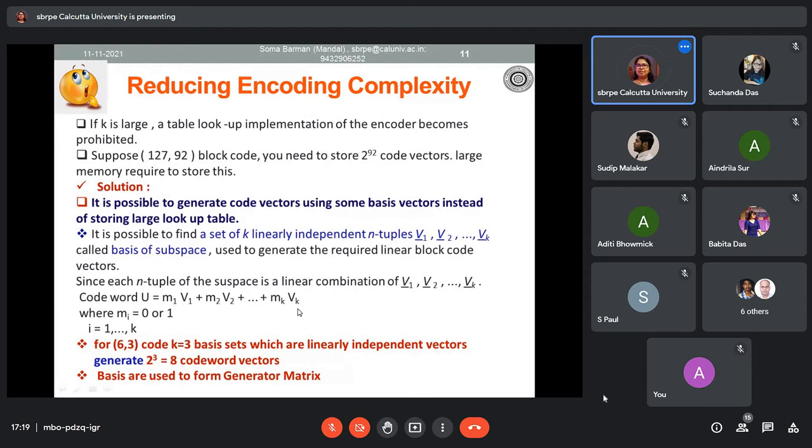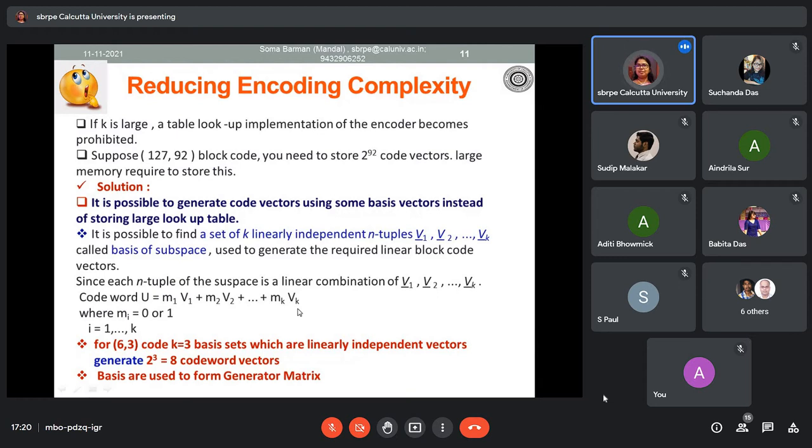Okay, so if we store only the three linearly independent vectors, and these three vectors are called the basis of the subspace, these three vectors will generate the whole set of code words, the 8 code words.